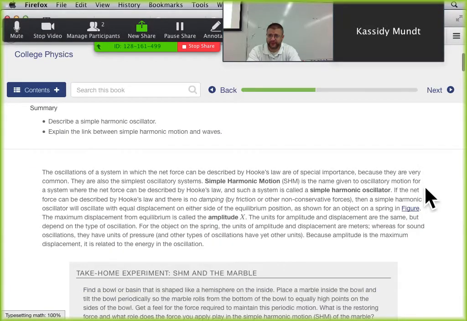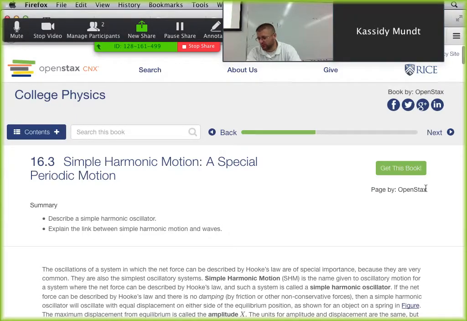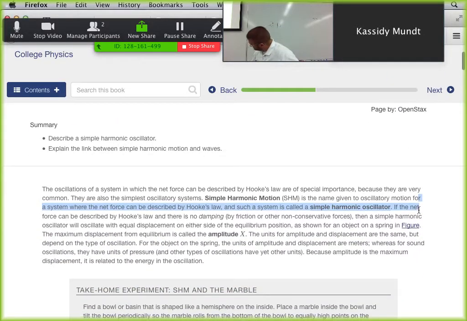All right, so now we're going to talk about simple harmonic motion. Of course, since it's physics, we're going to start out as simple as possible. And the simplest type of oscillatory motion is what we call simple harmonic motion.